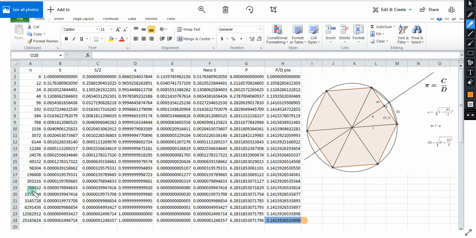Here you can see this is a 24,576-side regular polygon. Hence its value has already approached the pi value 3.141 here.